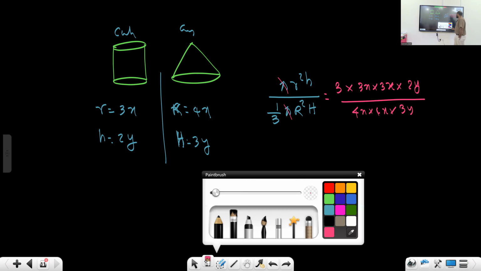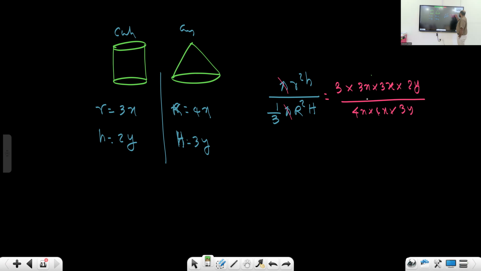Now start cancellation. xy throughout you can cancel. 1 and 3 also you can cancel. What is the balance? 3 threes are 9 by 16. Mistakenly, don't write 3 by 4. 9 by 16.